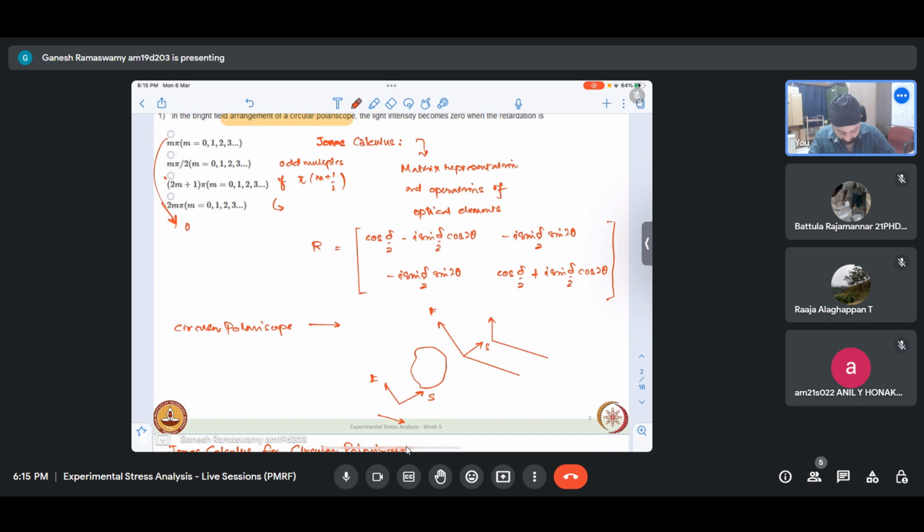So the first is for dark field. The second one is actually not dark field or bright field, because we would see 0, pi by 2, then pi, and then 3 pi by 2. So this is not any field that we know of, because it will be either sine square delta by 2 or cos square delta by 2, complementary to each other. So in such a case, we cannot have this happening. Option?